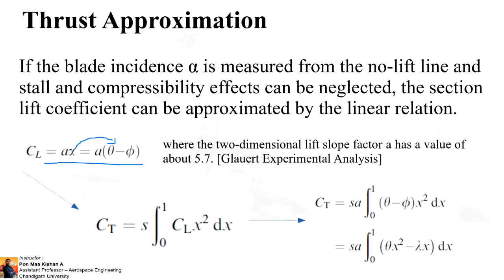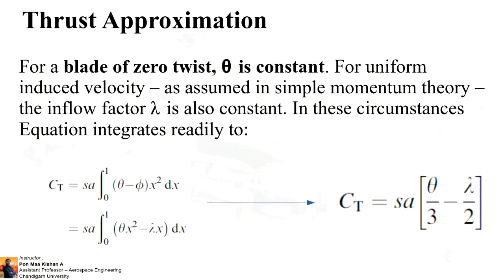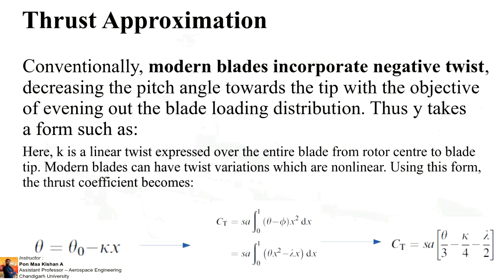Now we are going to look at theta. During the past 2 years, people got confused between the angle of incidence and the pitch angle. This is the third time I'm taking helicopter aerodynamics, so kindly note it down. Theta is given as the initial pitch angle and the change in pitch angle.